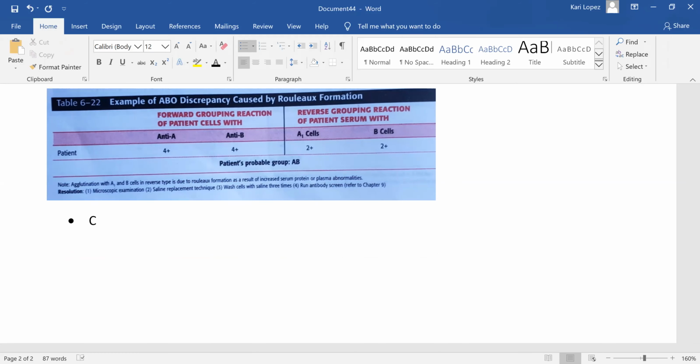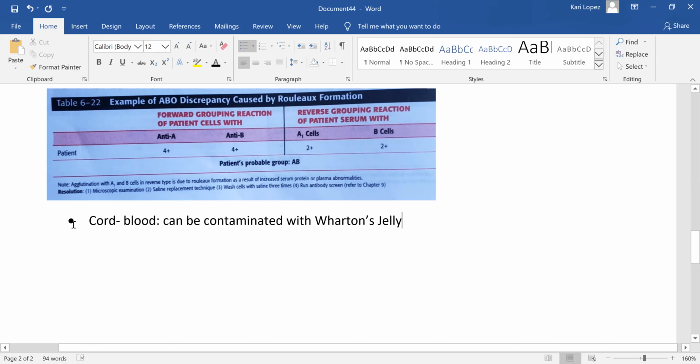And another one is cord blood. What's cord blood? So your cord blood is going to be what they take from the umbilical cord when a baby's born, so like a newborn.